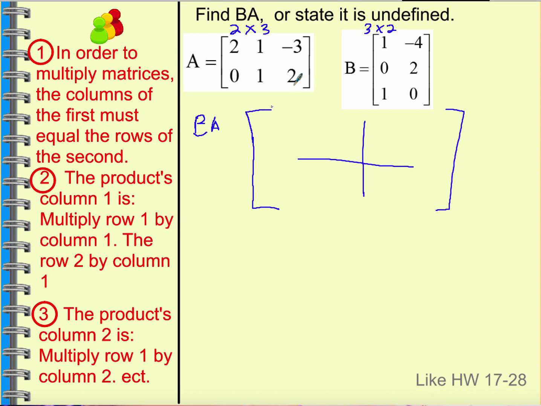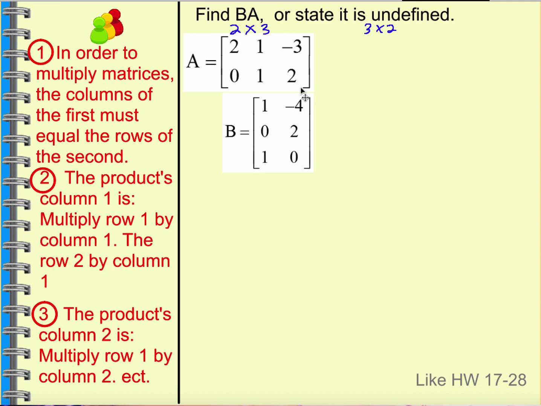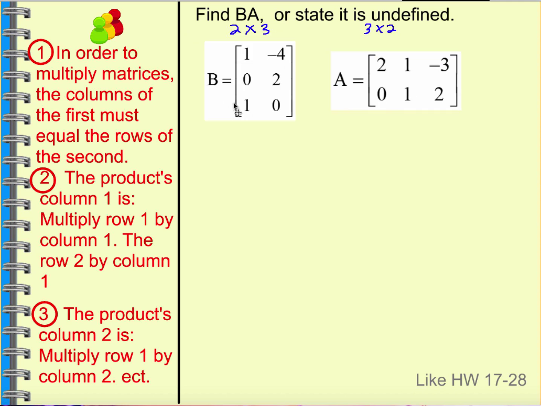Because if we were doing A times B, we could do 2 by 3 times 3 by 2. But I almost caught myself. This is asking us for B times A. So let's move it like this, B times A.